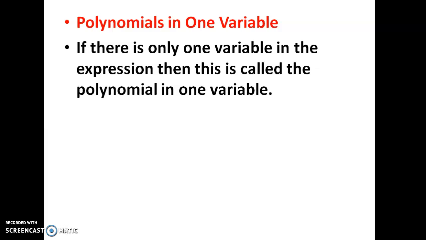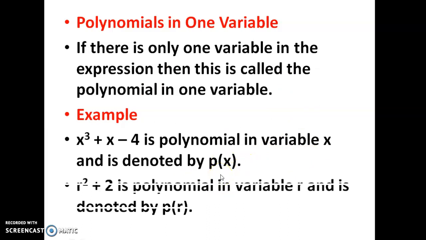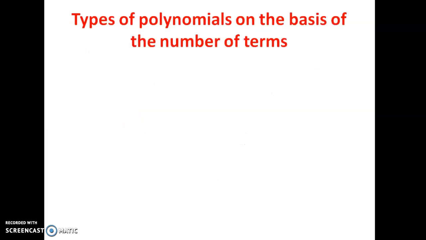For example, x cube plus x minus 4 is a polynomial in variable x, that is p(x). Then r square plus 2 is a polynomial in variable r and is denoted by p(r).